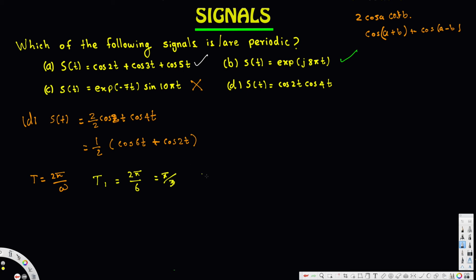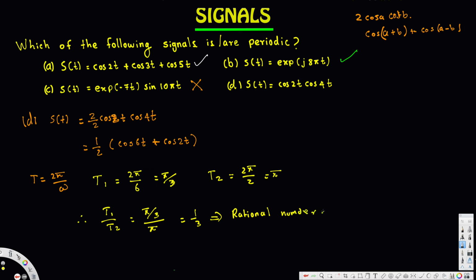For the second one, T2 is 2π divided by 2, that's π. So T1 divided by T2 is π over 3 divided by π, which gives us 1 over 3. This is a rational number, so this is also a periodic signal.